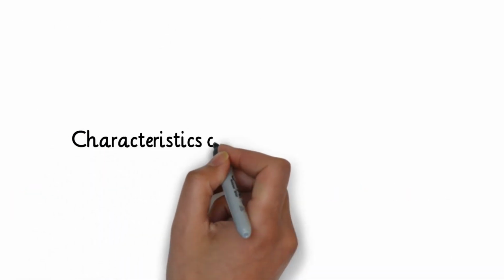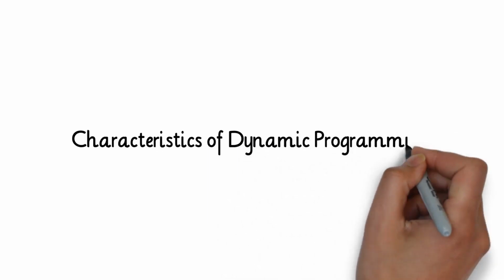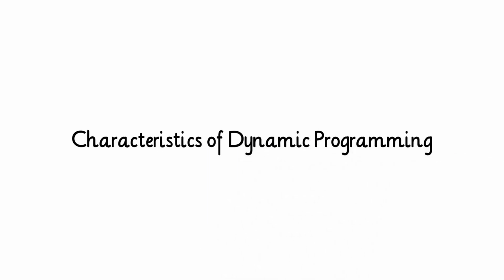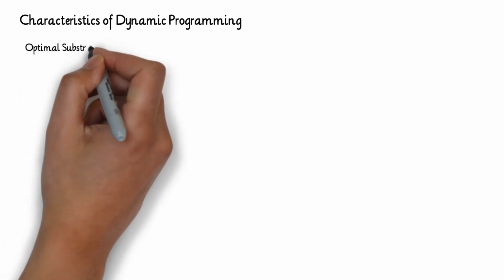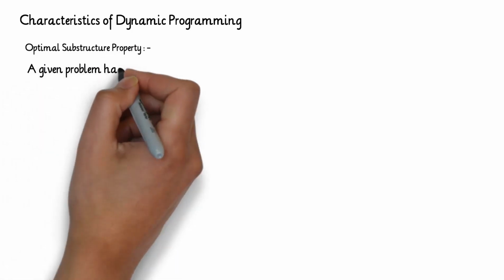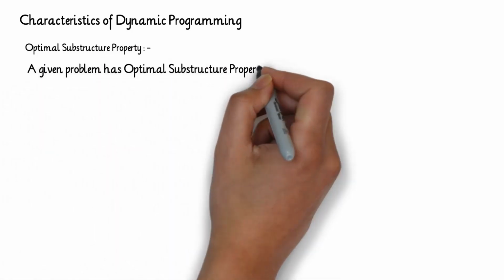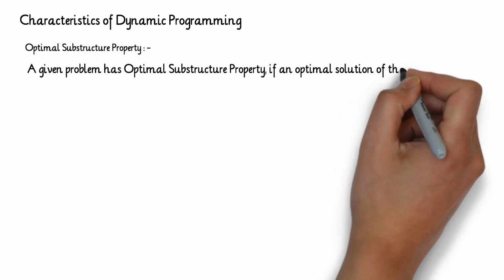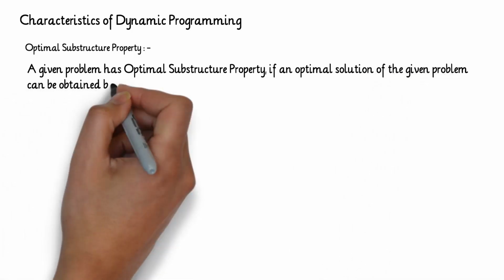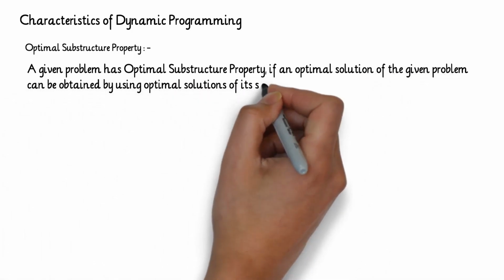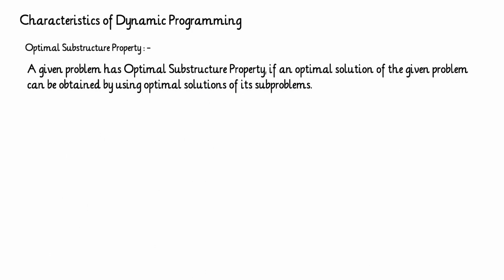Characteristics of dynamic programming. Let's look at the characteristics of a problem that help us identify whether DP can be applied to solve the problem or not. Optimal substructure property. A given problem has optimal substructure property if an optimal solution of the given problem can be obtained by using optimal solutions of its subproblems.